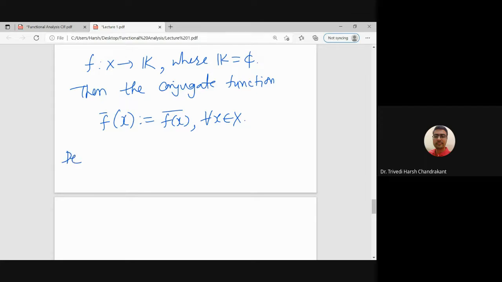So let us recall some countability axioms.